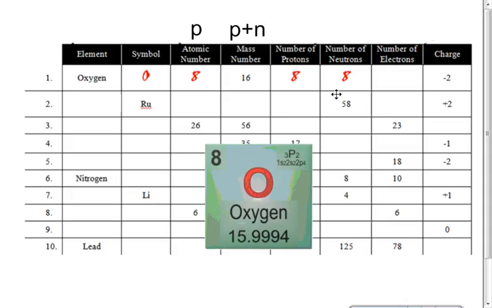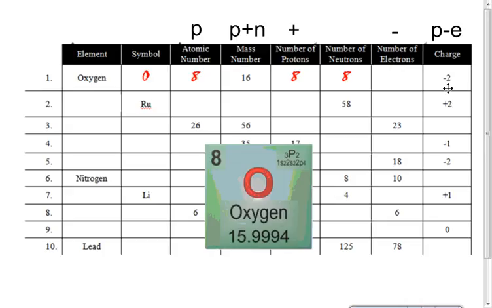Final thing. How do I get to electrons? There's a charge here. So what things had charges? Well, we said that the protons were positive and the electrons were negative. So basically, you take your protons and you subtract your electrons and you get an overall charge. I look at this and just take a moment and think about it.